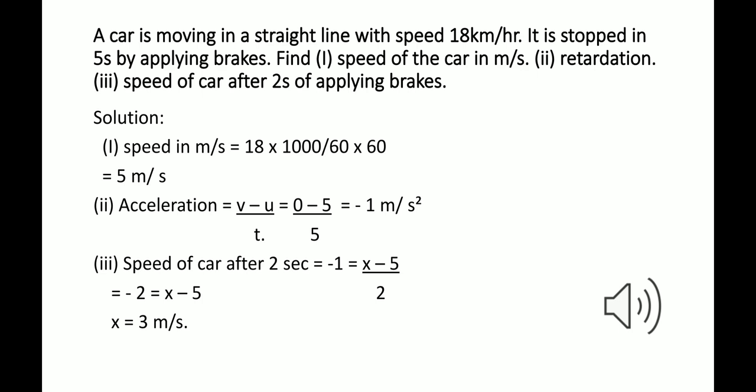So I am putting acceleration as minus 1. I don't know the final speed after 2 seconds, so I have taken it as x. I know the initial speed as 5, so x minus 5. I know the time interval 2, so I have written 2. So minus 1 is equal to x minus 5 upon 2. That comes to minus 2 is equal to x minus 5. So from here x comes to 3 meter per second.